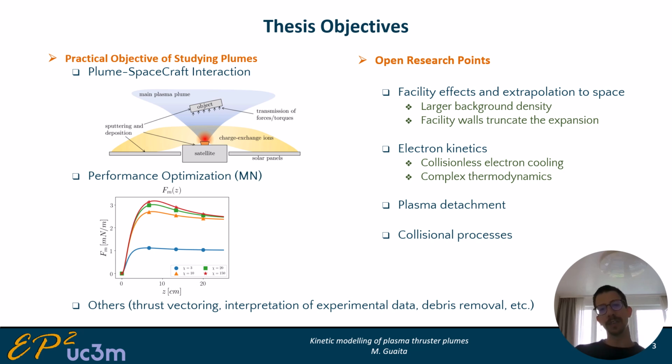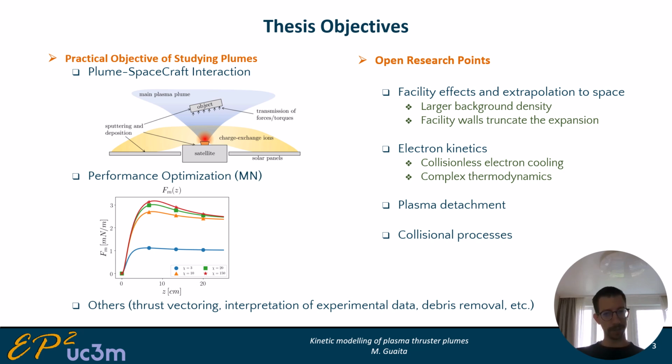In particular, in on-ground facilities, we have higher background densities and the presence of facility walls, which truncate the expansion of the plume.